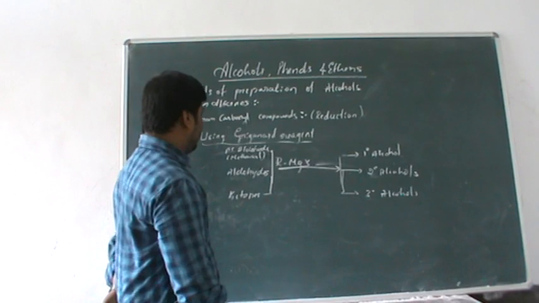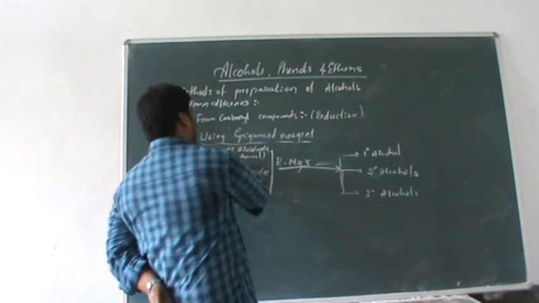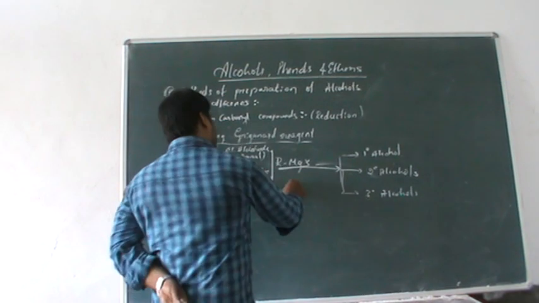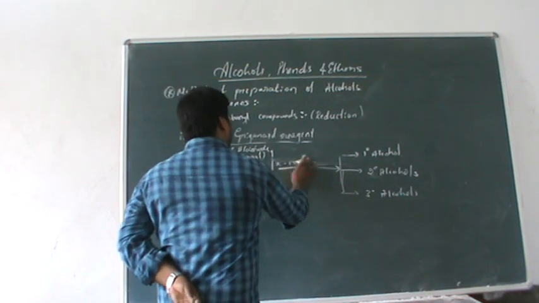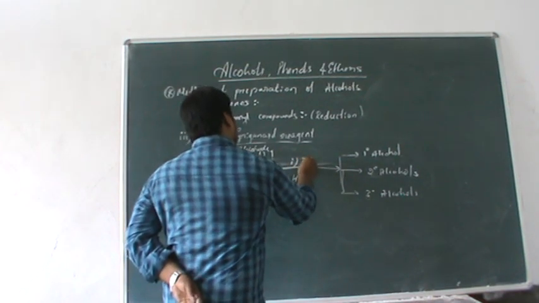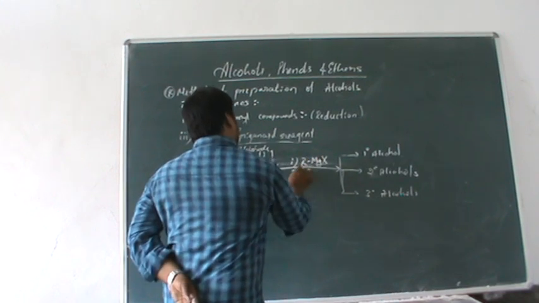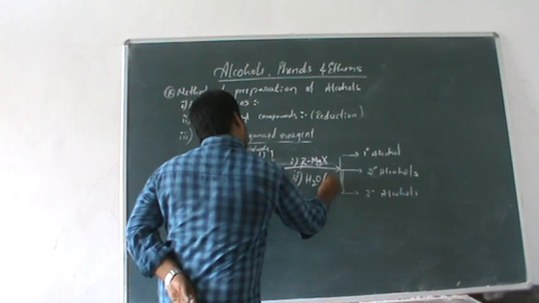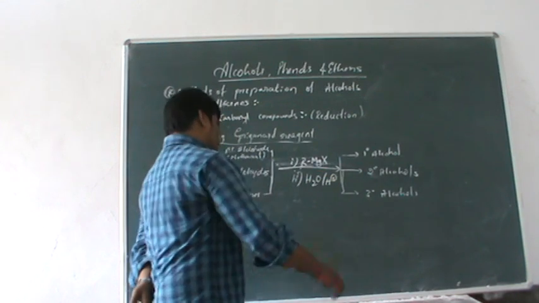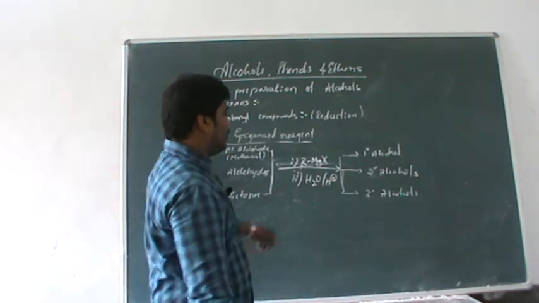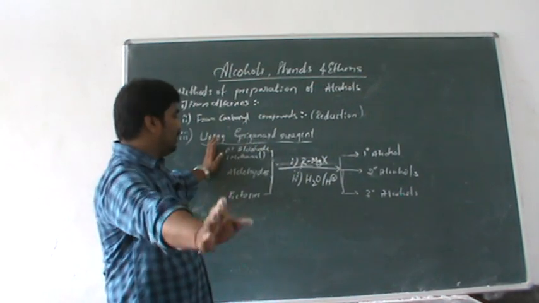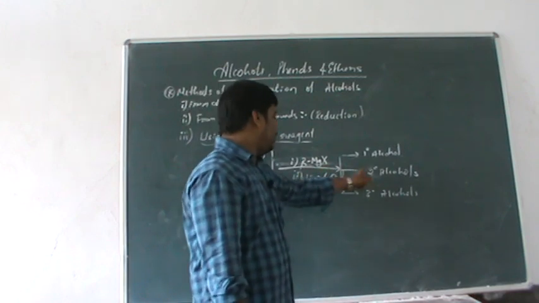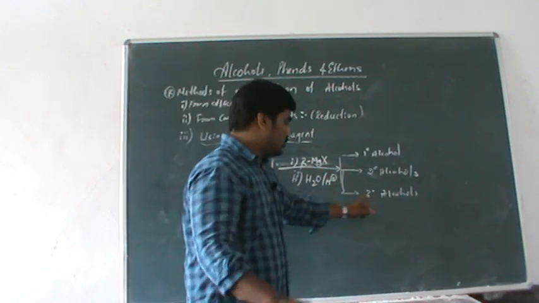This is the conclusion. When the first member of aldehyde is subjected to Grignard reagent, this is the first method using Grignard reagent, and the second step is acid catalyzed hydrolysis, it gives primary alcohol. Please remember, methanal gives primary alcohol, other aldehydes give secondary alcohol, ketones give tertiary.